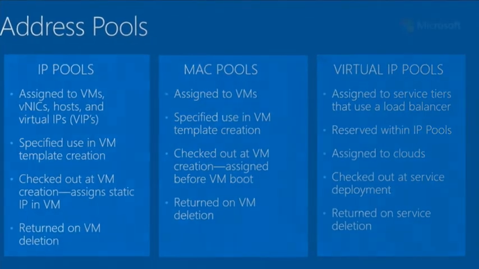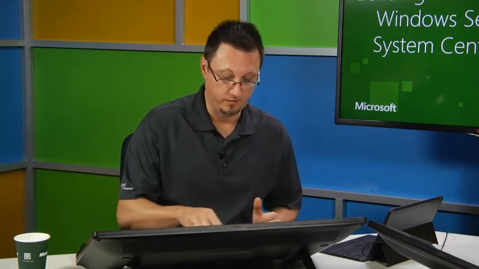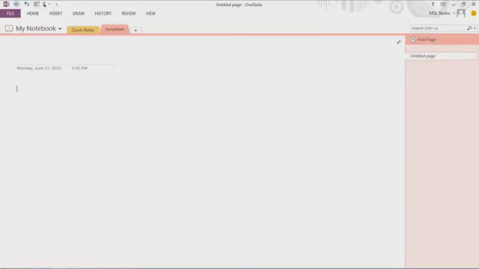So before we even get into our demo of configuring virtual networking, I want to rely on my finger and OneNote here to just draw you a picture of what we're about to look at in our demo environment. So I have my physical network, which is back here.